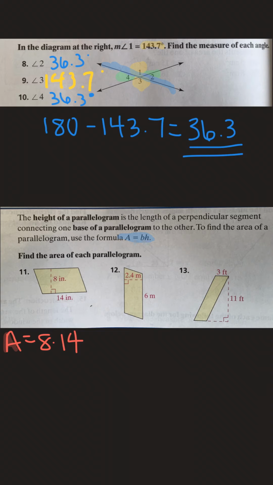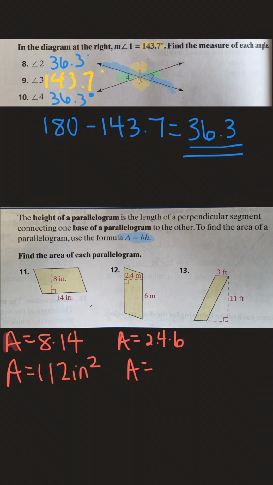Therefore, area equals 112 inches squared. Number 12, area equals 2.4 times 6. The area is going to equal 14.4 meters squared. And then the last one, area equals 3 times 11.